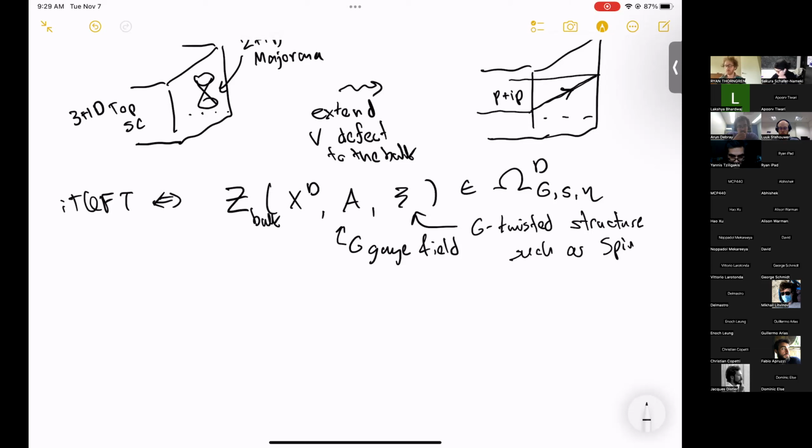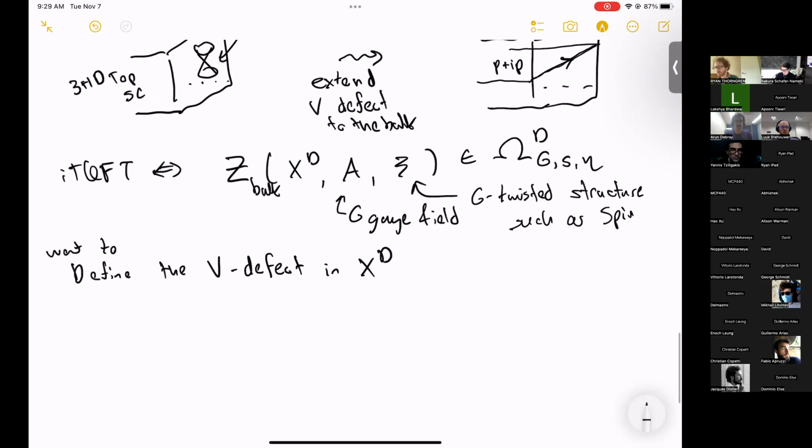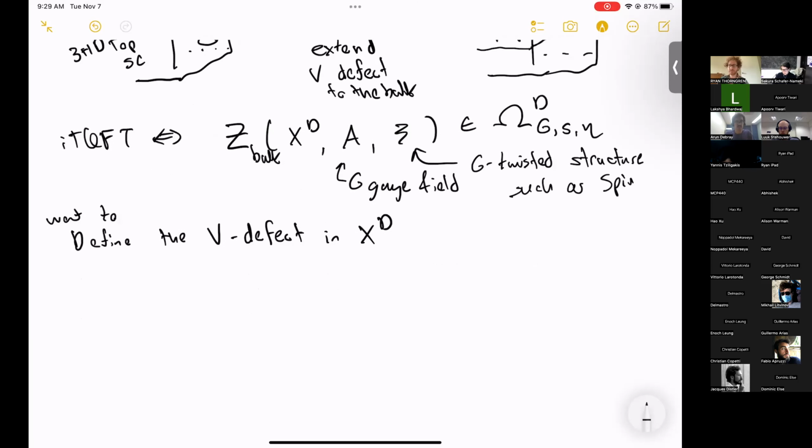So what we're going to do is, we said we need to extend the V defect into the bulk. So we want to define the V defect in X. Previously we chose our map phi in a very special way. Here we're going to be a bit more flexible.